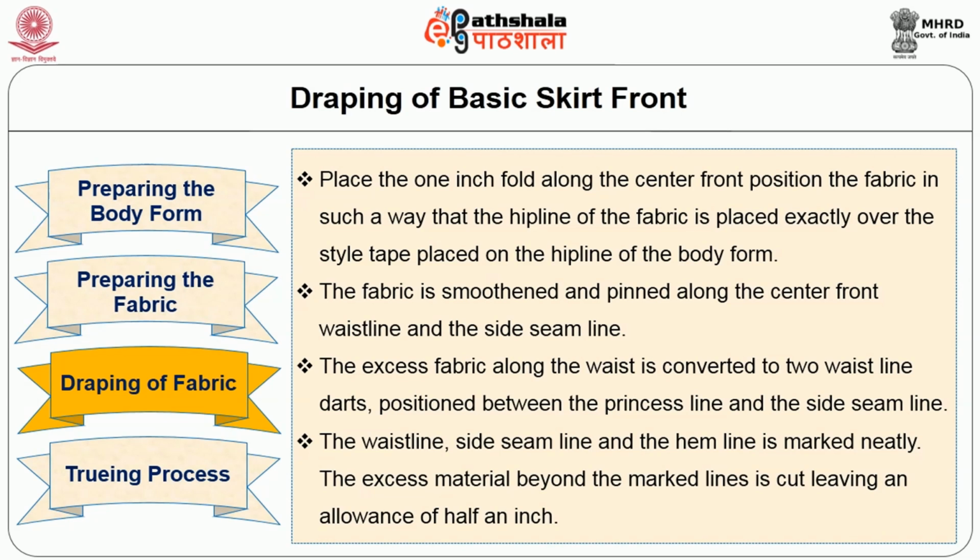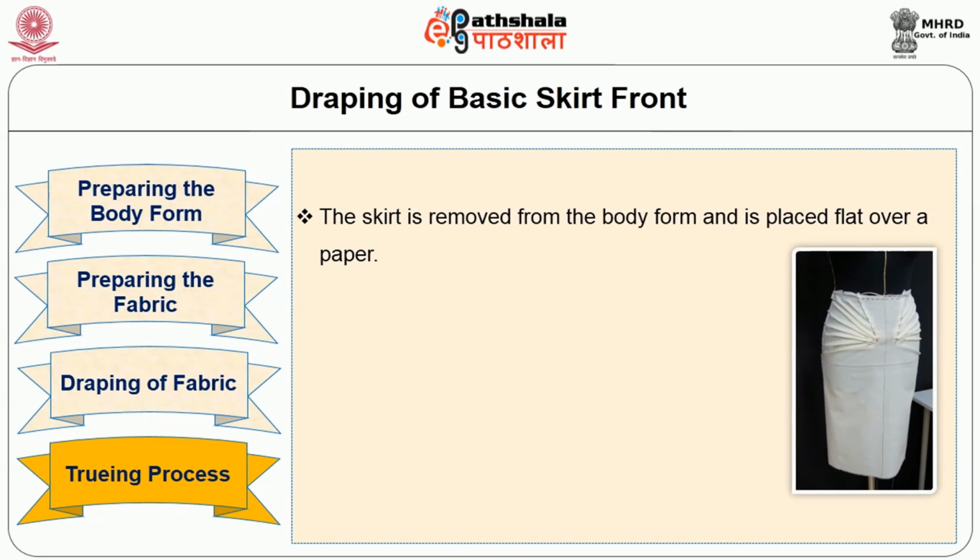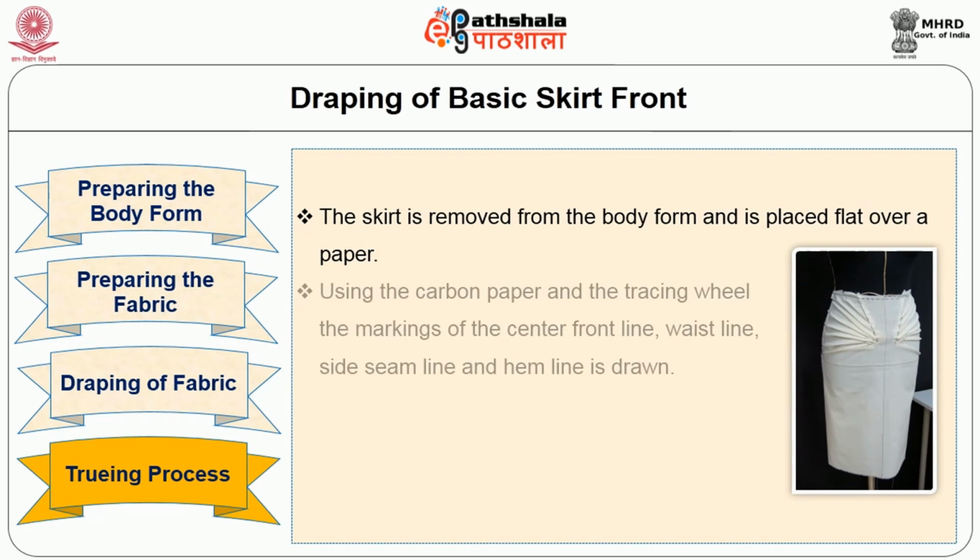The excess material beyond the marked lines is cut, leaving an allowance of ½ inch. Now that the pattern is complete, we will go on to the truing process. The skirt is removed from the body form and placed flat over a paper.